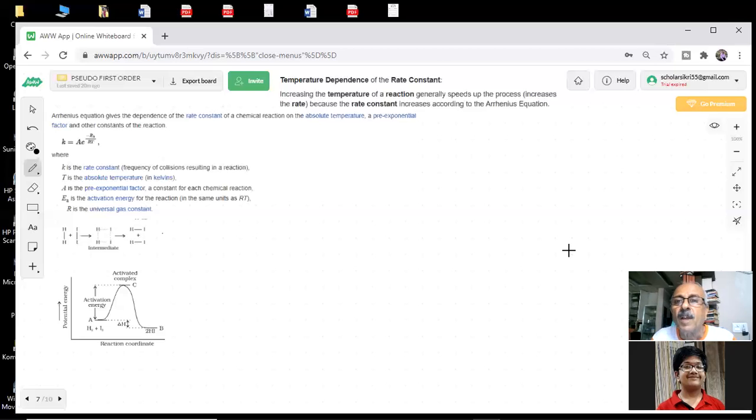If k is the rate constant of the reaction, Arrhenius gave an equation: k = A e^(-Ea/RT). This equation was given by Arrhenius. What is k, students? k is my rate constant, and T is your absolute temperature, always taken in the Kelvin scale.